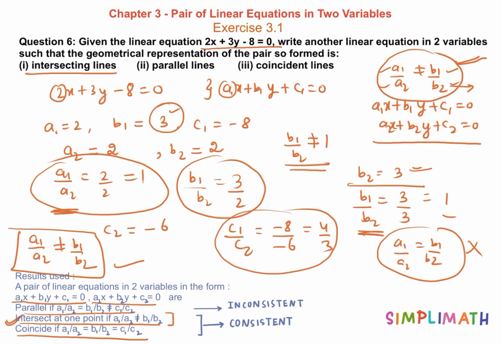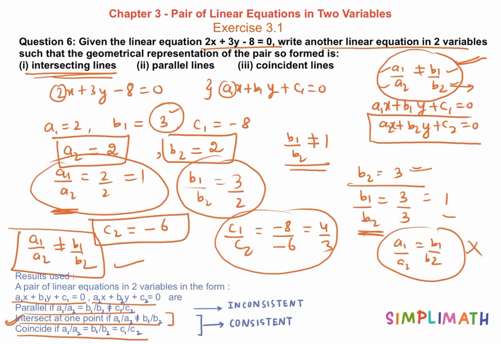So in the question we had to find another linear equation in two variables such that the pair of linear equations become intersecting lines. Now that we have satisfied the given conditions, we know the values of a2, b2 and c2.